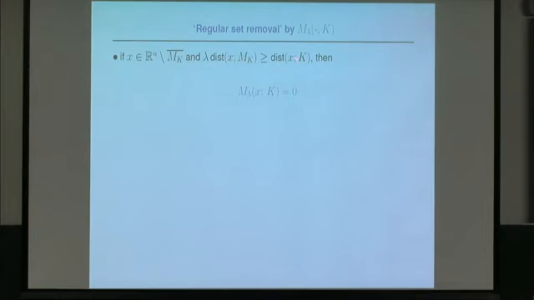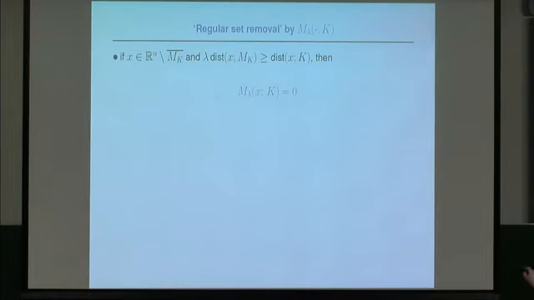So if I take a point which is in the complement of the closure of the medial axis, and I take lambda to be sufficiently large, right? So lambda multiplied by the distance of x to the medial axis is sufficiently large. So either lambda is large or we're a long way away from the medial axis.